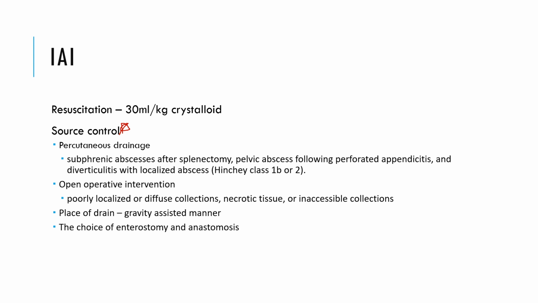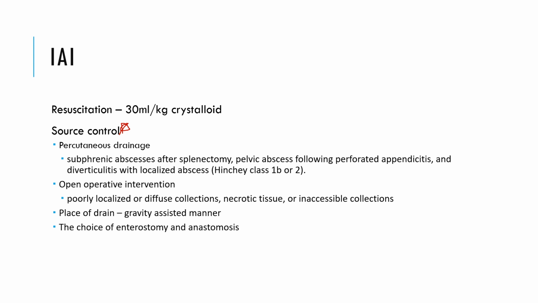For example, if there is an abscess, you have to do an I and D and then give antibiotics. Just giving antibiotics will not help in so many of the infections where there is an obvious source, like necrotizing fasciitis. If you're giving antibiotics, it may not work. You have to debride. You have to sometimes go for an amputation. So that is the case. So you have to do source control.